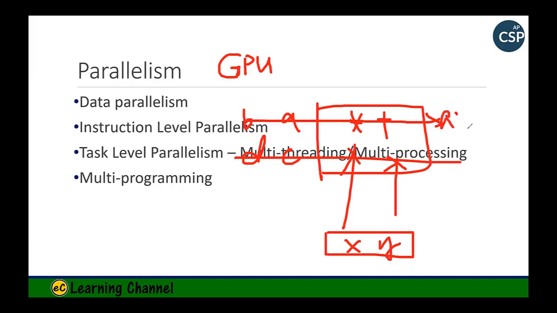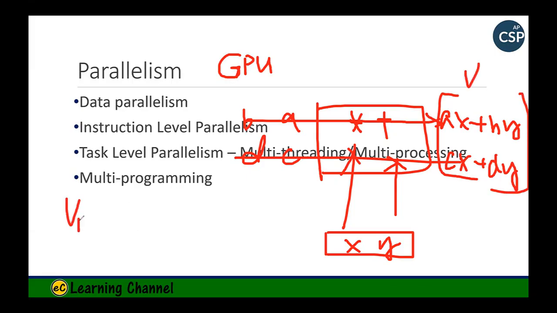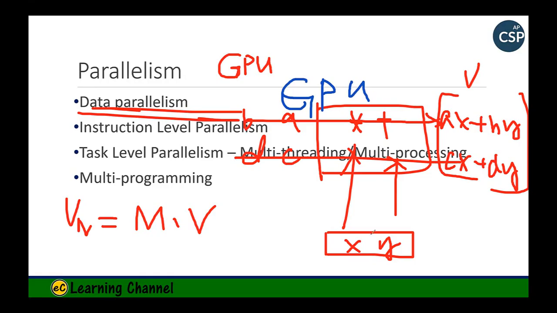Here you will have AX plus BY. Here you have CX plus DY. And then you create a new vector, the new vector equals the matrix times the vector, but it's actually at the data level. And this is why your GPU is faster, because you do not need to use a for loop. You just send the data here, here, and then go. Pop, pop, pop, and then you read it.